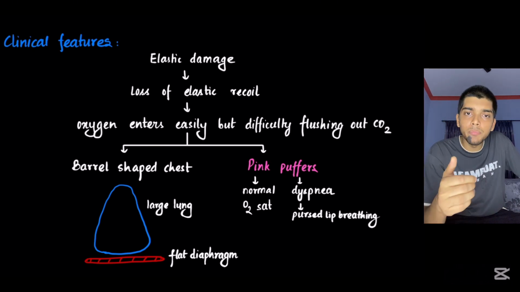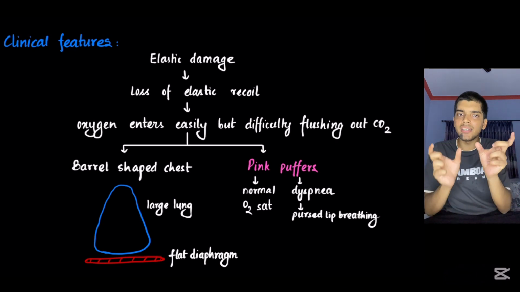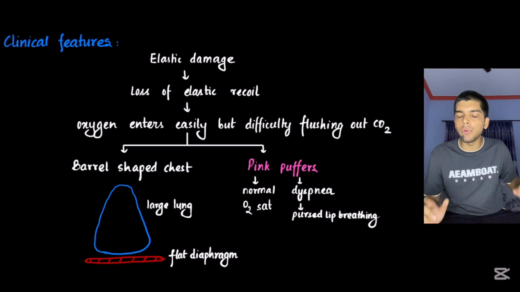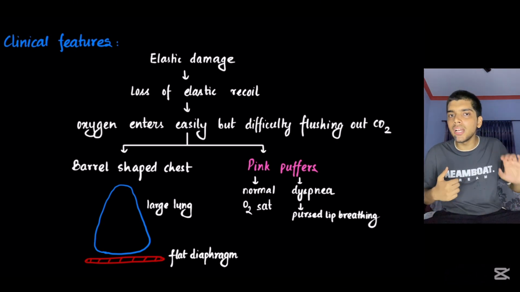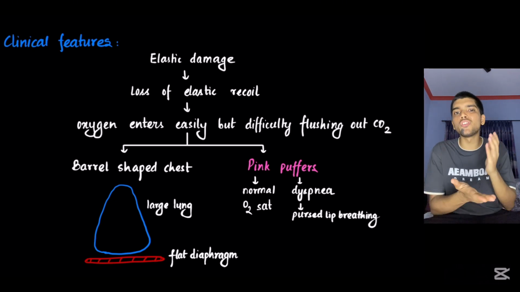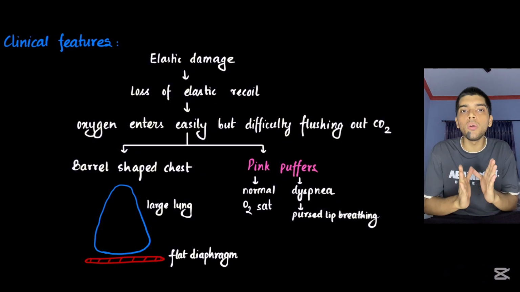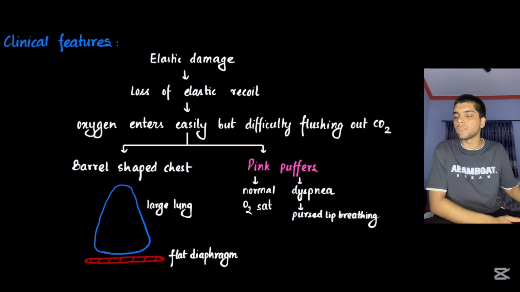Pathogenesis. It is based on the protease antiprotease hypothesis, according to which normally elastase equals anti-elastase in circulating blood. But if due to any etiological factor elastase becomes more than anti-elastase, there is destruction of elastic fibers and the alveoli lose their ability to recoil, leading to emphysema.